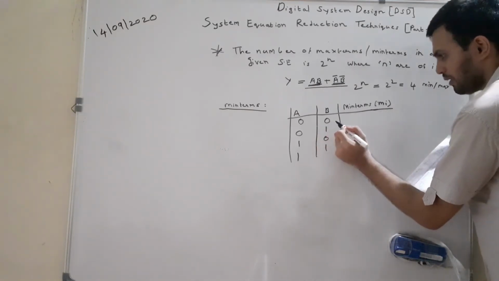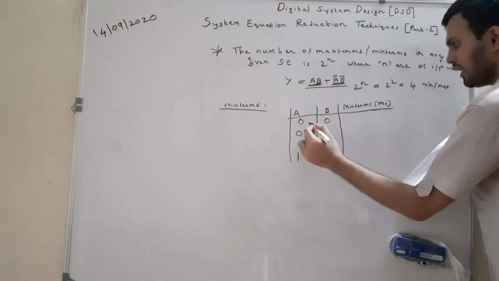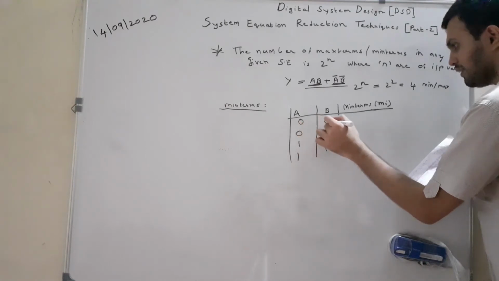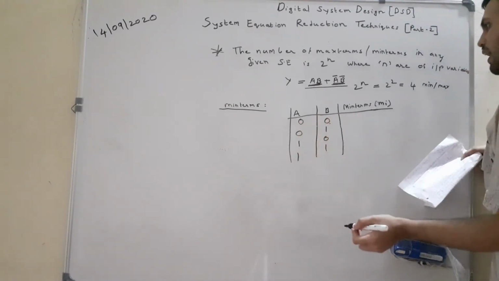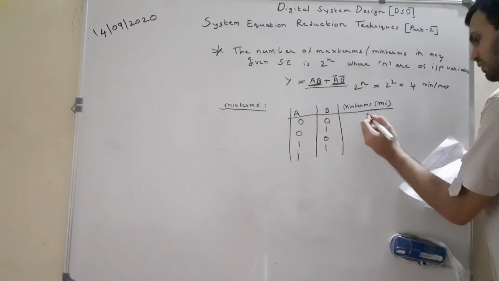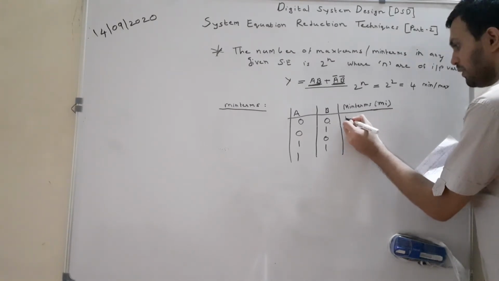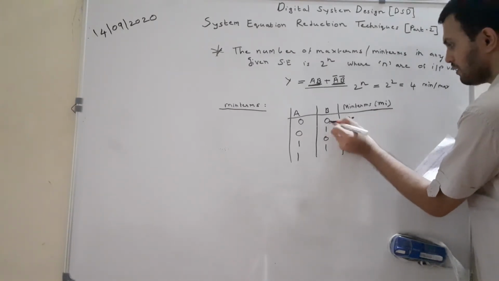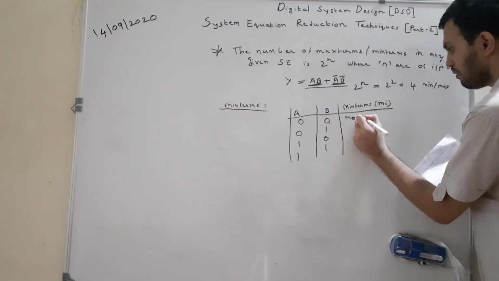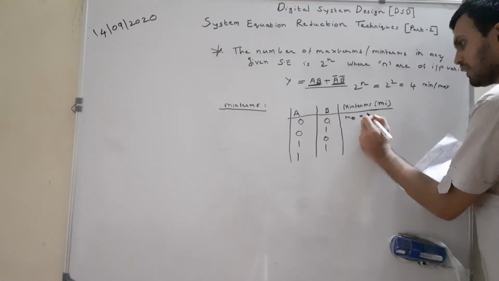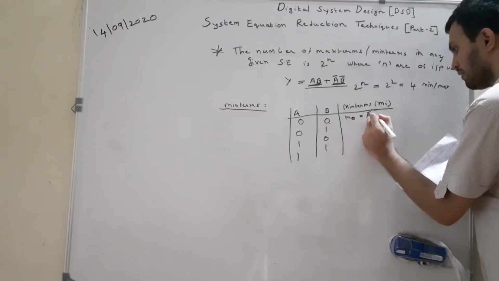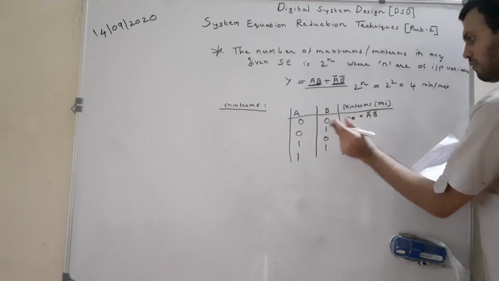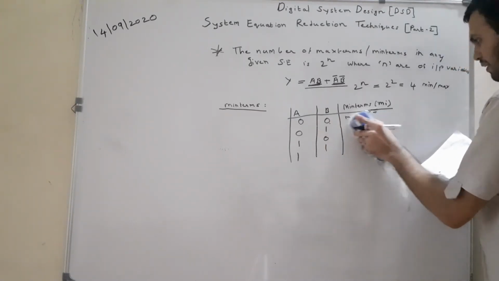So what is the min term over here? Now here the value of A is 0, B is 0. So it is min term 0, because it is 0 0. Min term 0, M0, is nothing but A bar B bar.